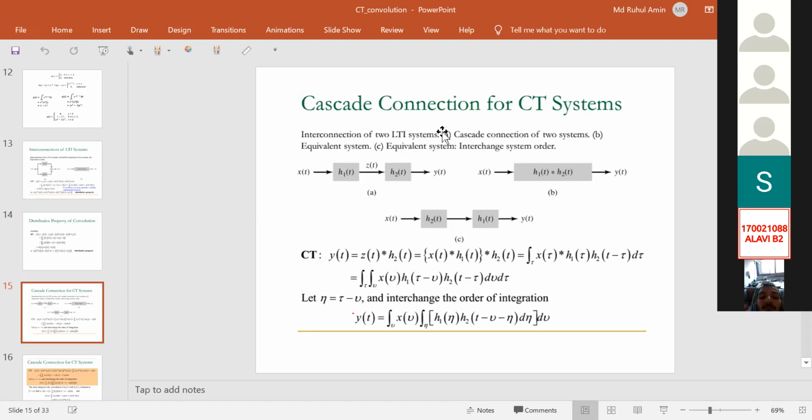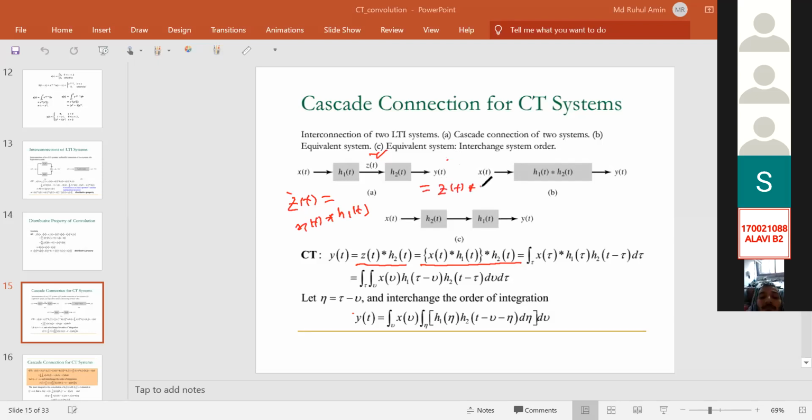Let me write. You try to look at the mathematics, but I will be showing this very intuitively. Consider that z(t), the intermediate output, is equal to x(t) convolution h1(t). Then your y(t) equals z(t) convolution h2(t).